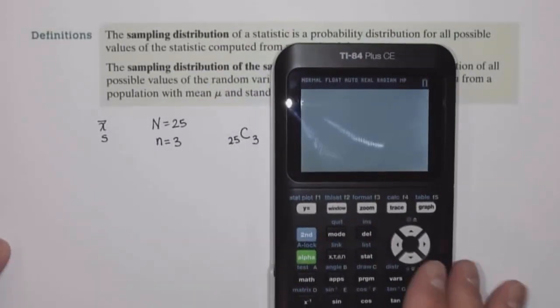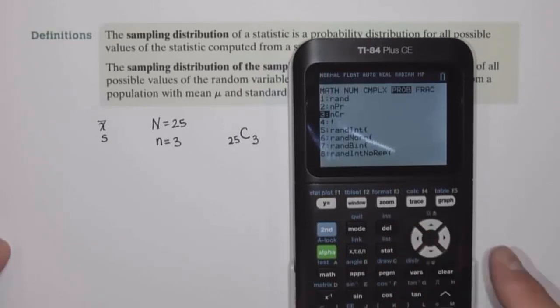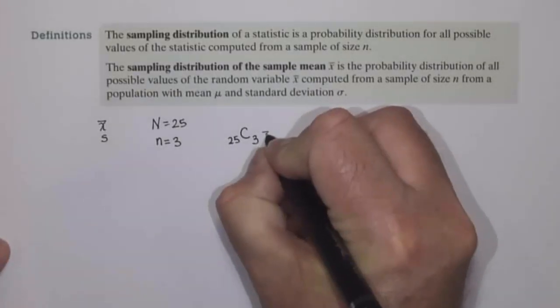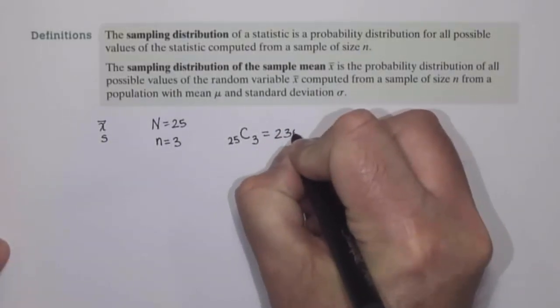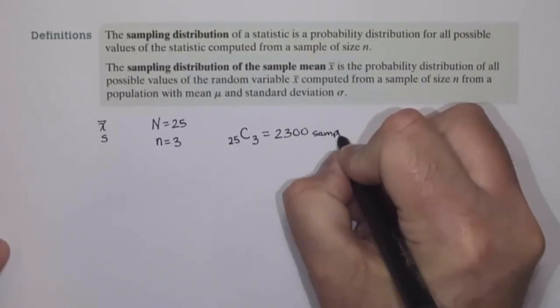So if I pull in my calculator, 25 choose 3, there would be 2,300 different samples possible. So 2,300 samples possible.